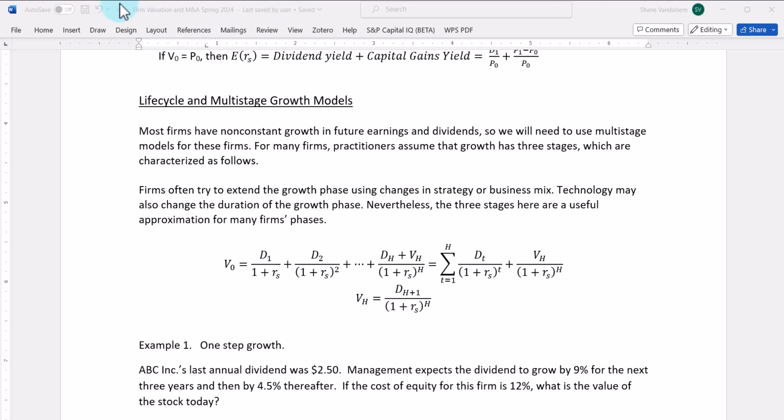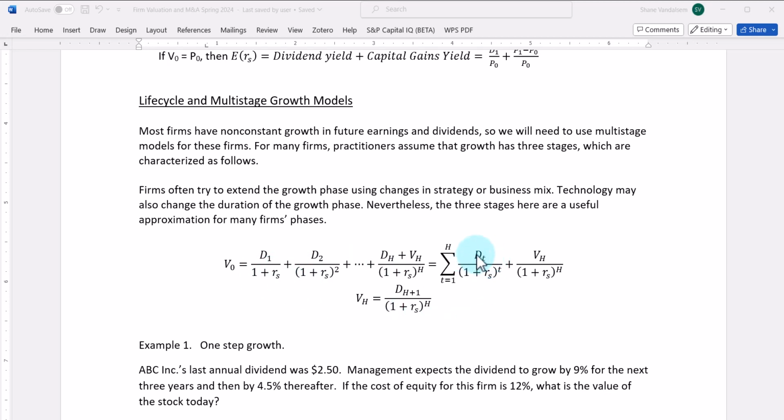And so what we see here in the equations is that we have a phase of non-constant growth. What this says is that we're finding the intrinsic value of the firm, V sub 0, or the stock, which is equal to all of the future dividends discounted back at the required rate of return for equity.